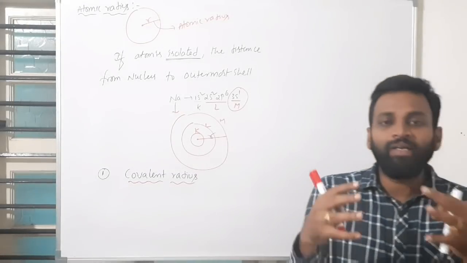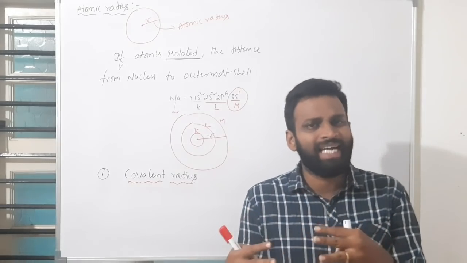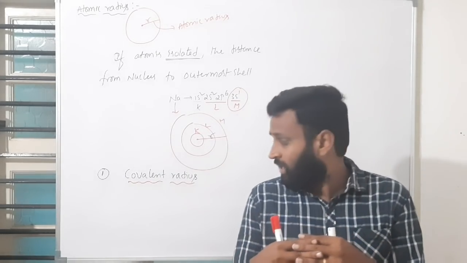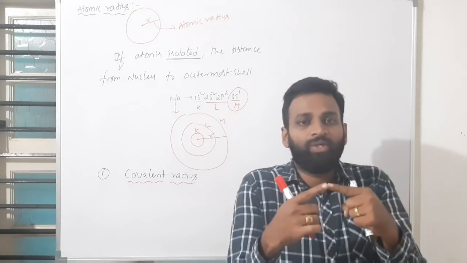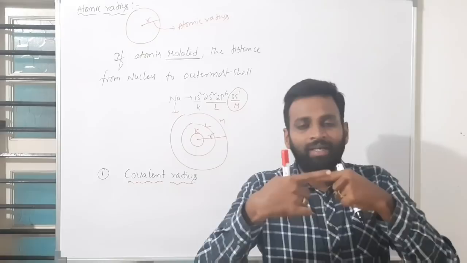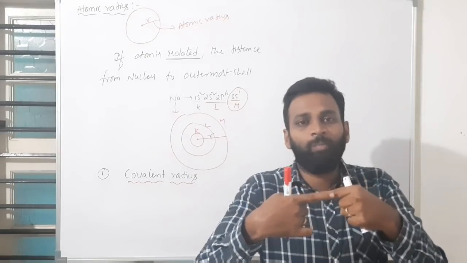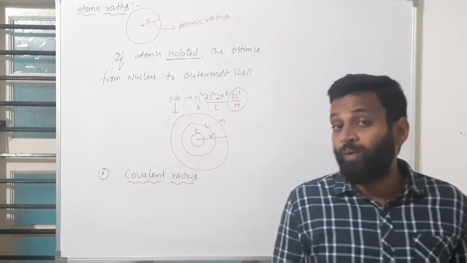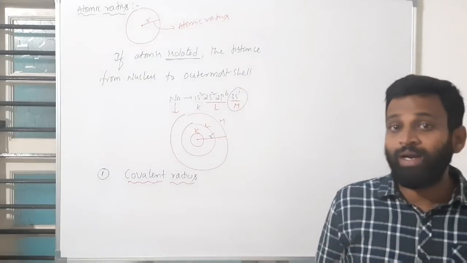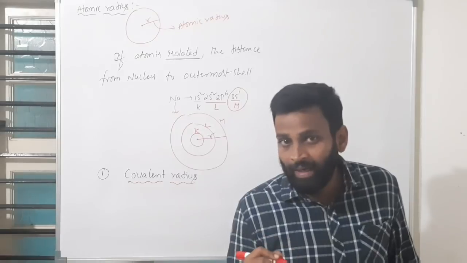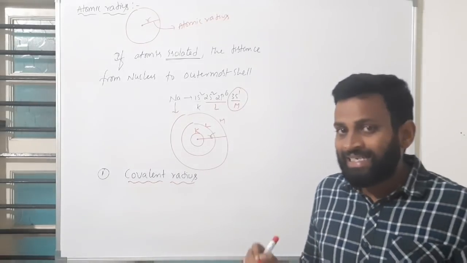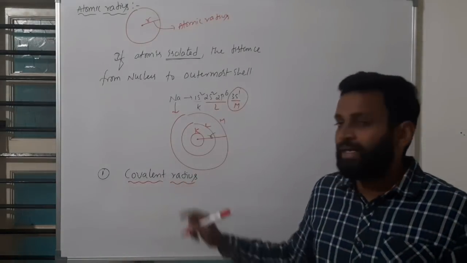So if atoms are in covalent bond, of course in 10th standard also you have some idea about this. Two atoms will contribute electrons and they will share that electron pair. They are called covalent molecules. That bond is called covalent bond. So in covalent molecules, we will consider radius as covalent radius.